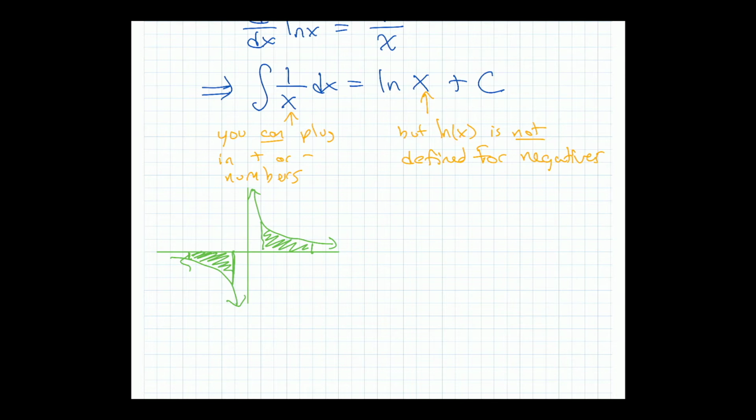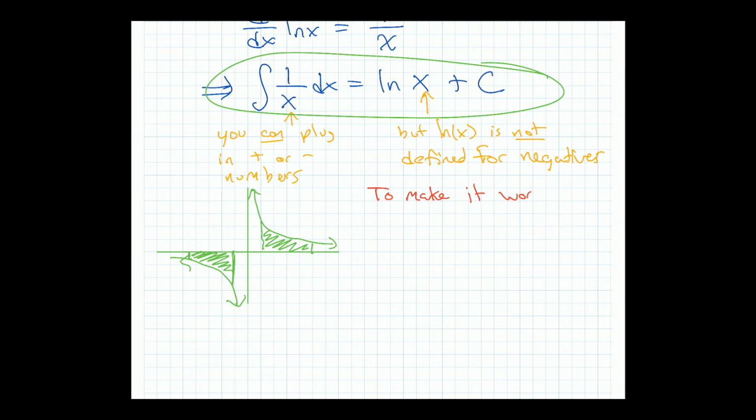And because they come up with the same, if you want to modify this formula here so that it works for positive numbers or negative numbers, it actually has a very simple change to make. So to make it work for positives and negatives, all you have to do is add an absolute value in the right place.